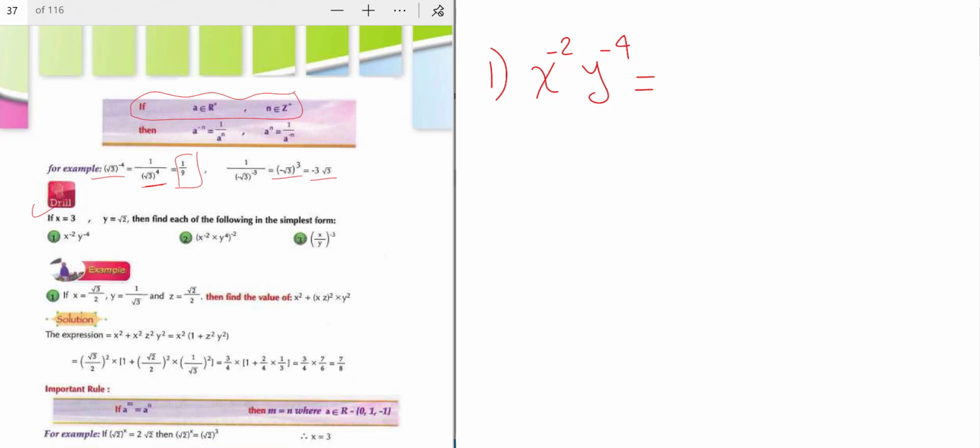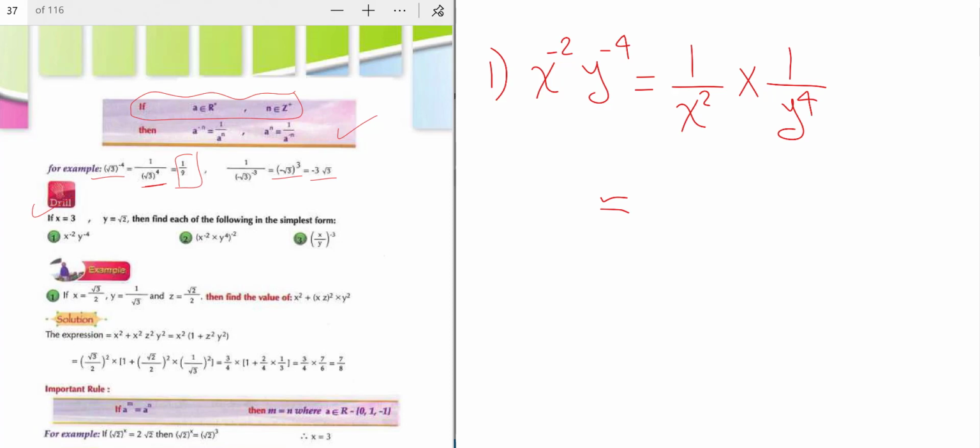x power negative 2 equals 1 over x power 2, according to the previous rule. Times y power negative 4 equals 1 over y power 4. After that, substitute the value of x and the value of y.